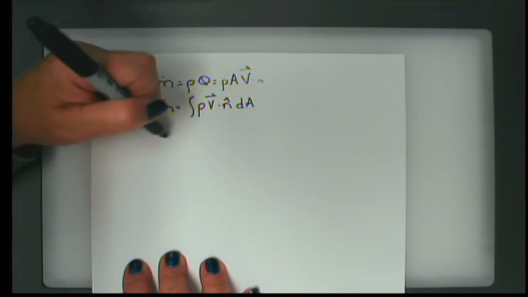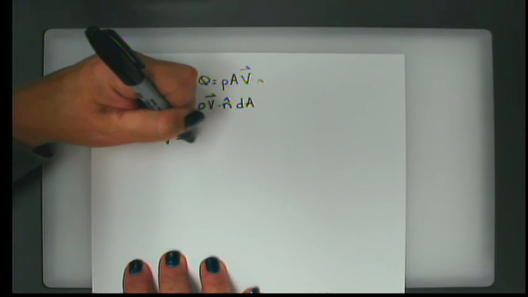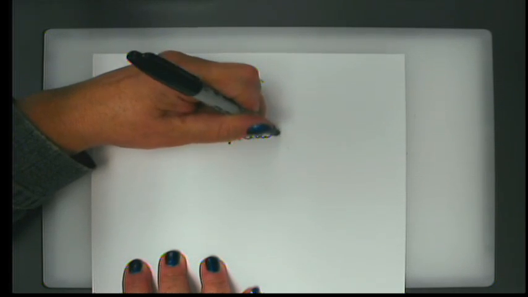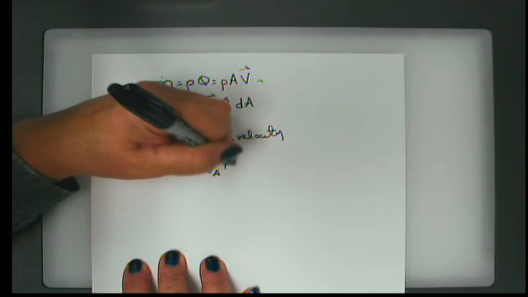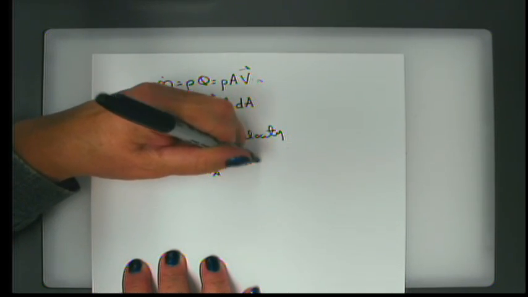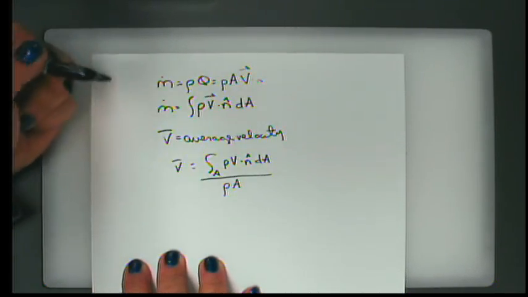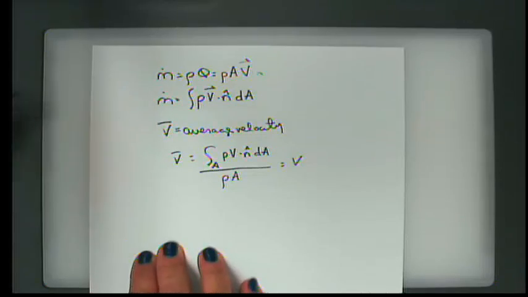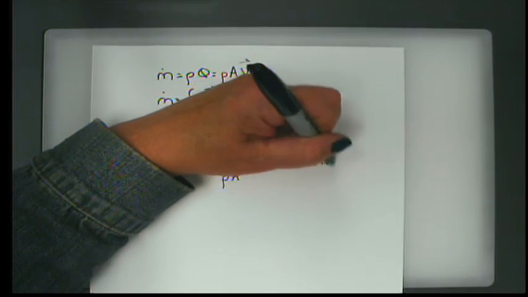So if we define V bar as being the average velocity of the fluid, we can say that V bar is equal to that term over the density times the area, and in that way we can also just say that that's equal to the velocity for one-dimensional flow.